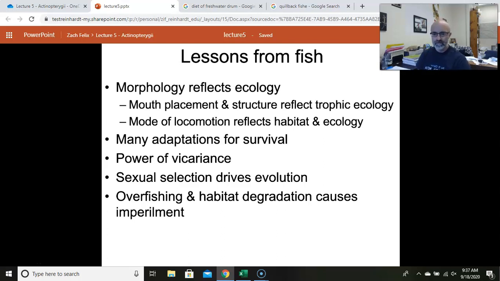The power of vicariance in terms of promoting speciation, and also sexual selection. And from the conservation standpoint, there are lots of interesting case studies within the fish group that we can look at: overexploitation, what type of fish are more likely to be exploited, and how that leads to population declines or not, depending on the biology of the species.